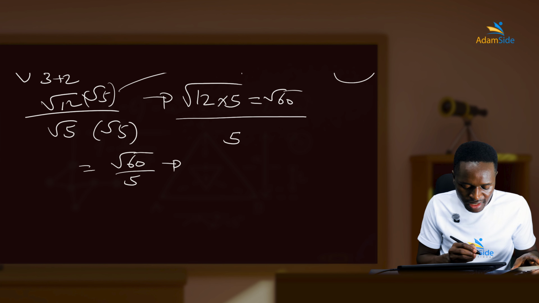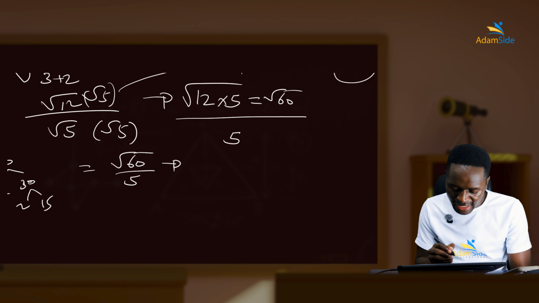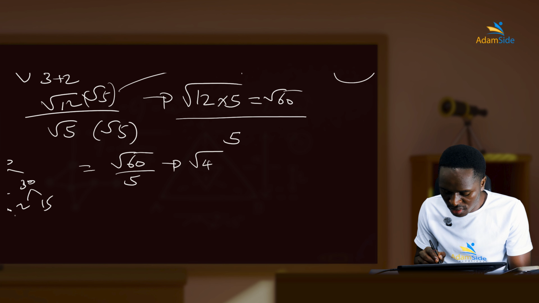Then how can we go further? We have 60. Let's try, if you divide by 2, it's 30, and by 2 again, it's 15. Can we get a square number? Yes, 4 times 15.